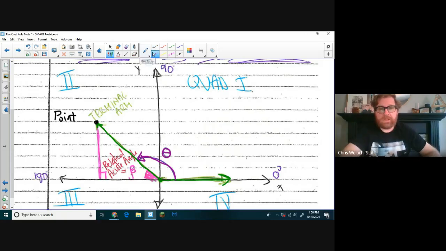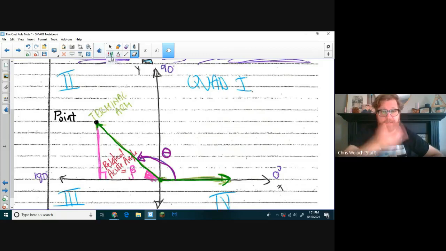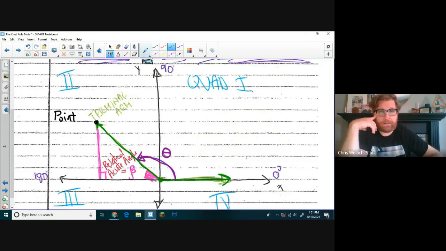So notice what happens. If you remember, what did we do yesterday? If I had a point here, we dropped the perpendicular, and then I had my 90 degree triangle in that quadrant, and then I could use SOHCAHTOA to find all the trig ratios and the angle of theta. Here, when I drop myself a nice little perpendicular, I have this angle here.